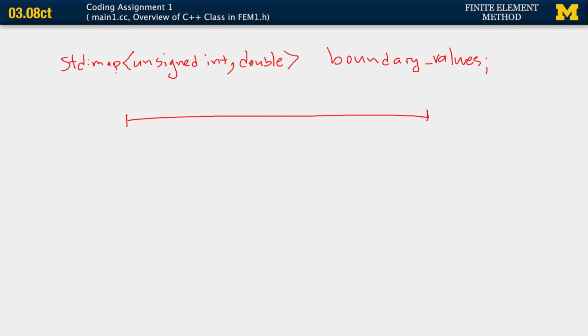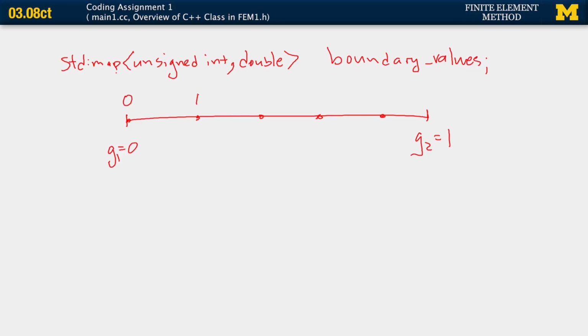If this is our domain, and we're breaking it up into elements, let's say at the left we're applying a Dirichlet boundary value of G1 equals 0, and at the right we're applying a Dirichlet boundary value of G2 equals 1.